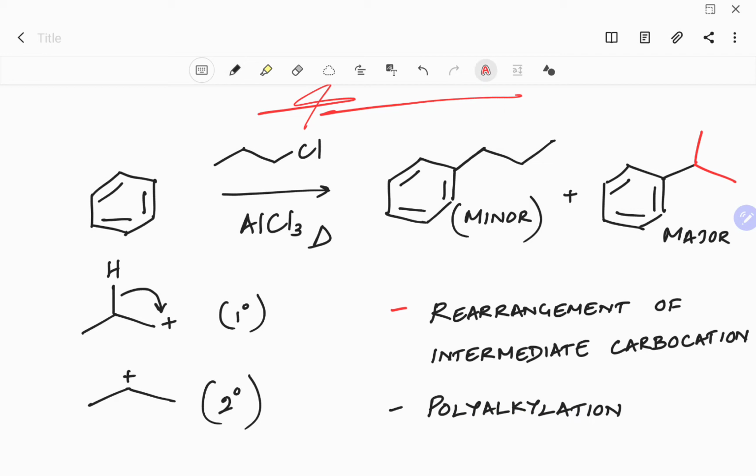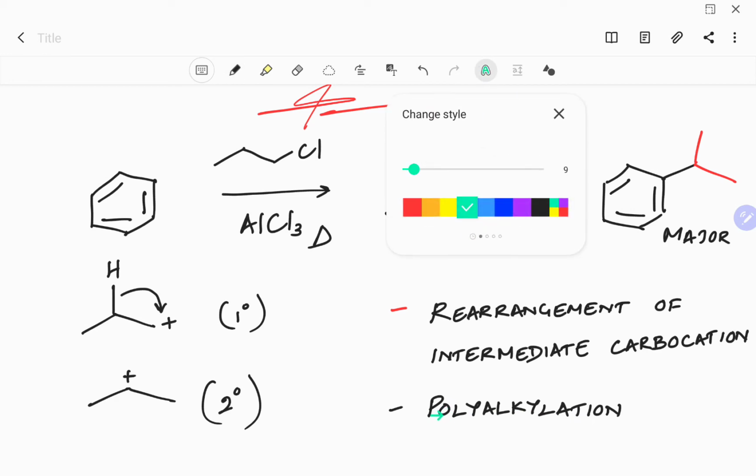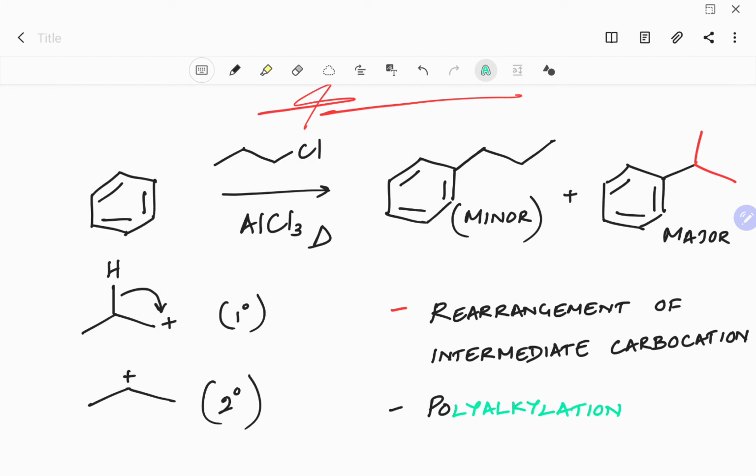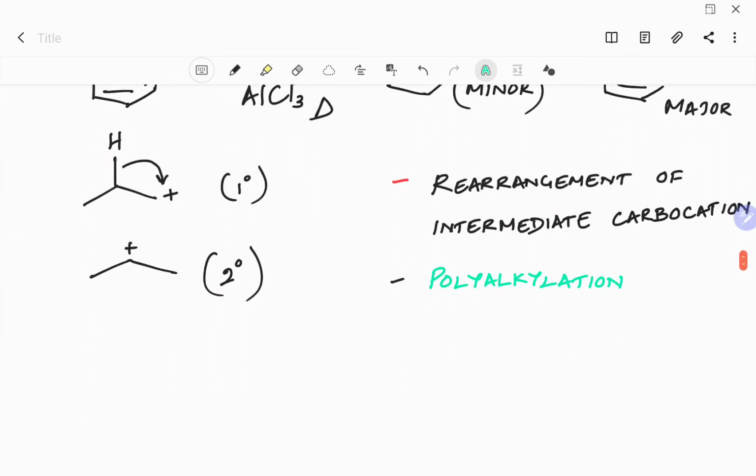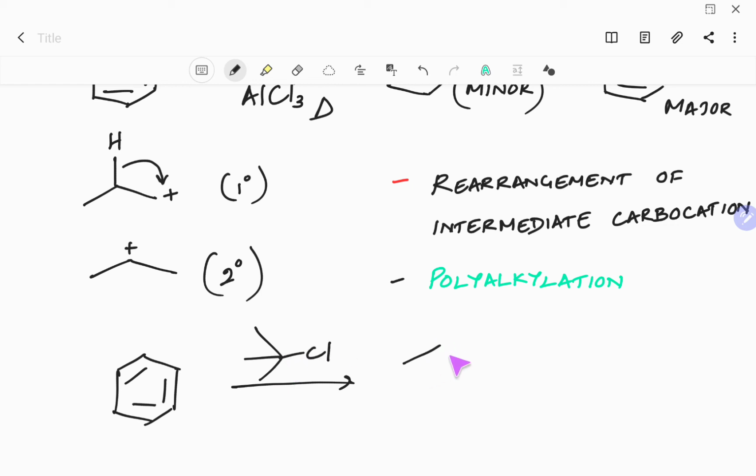polyalkylation. I think I mentioned this in more detail in a previous video. In summary, let's say you're using an alkyl halide hoping to get an alkylated benzene.